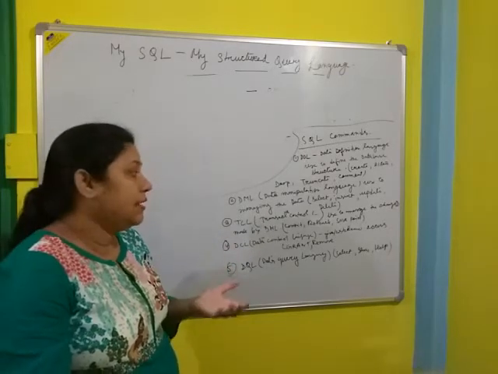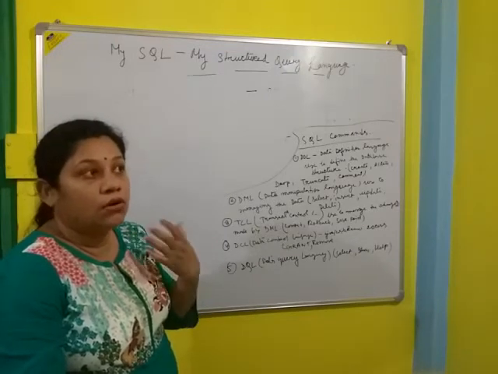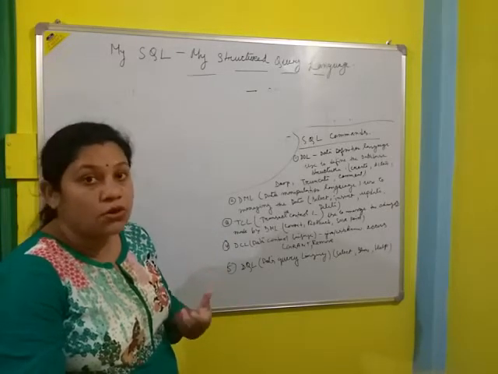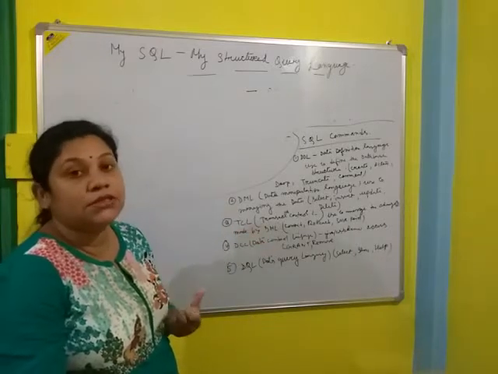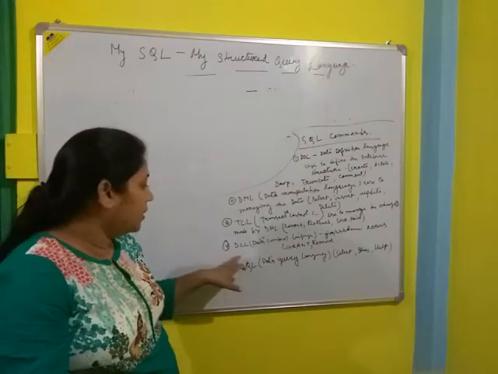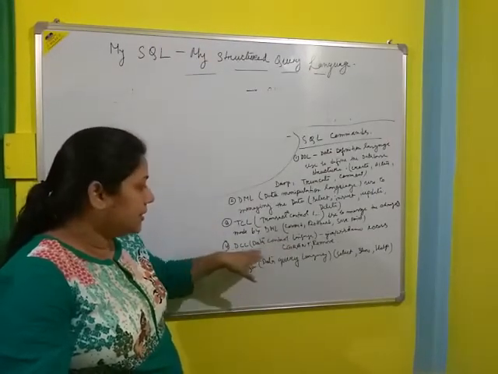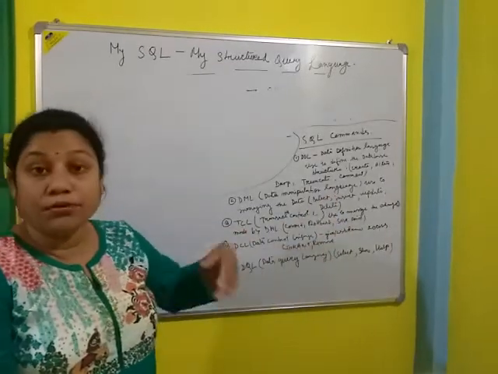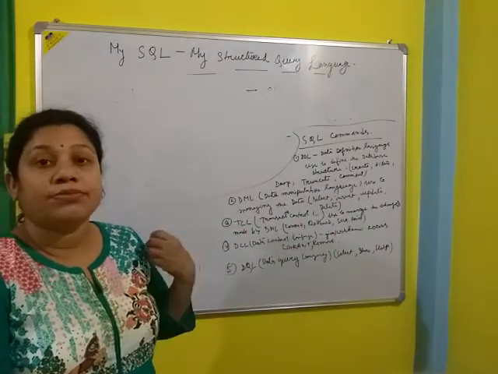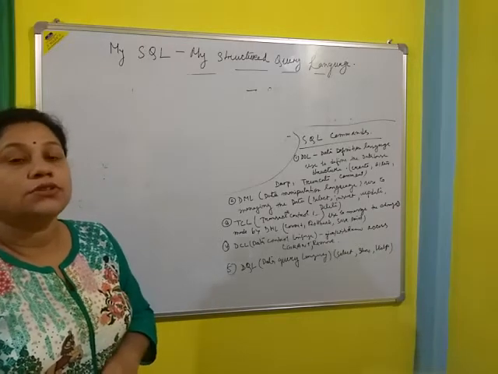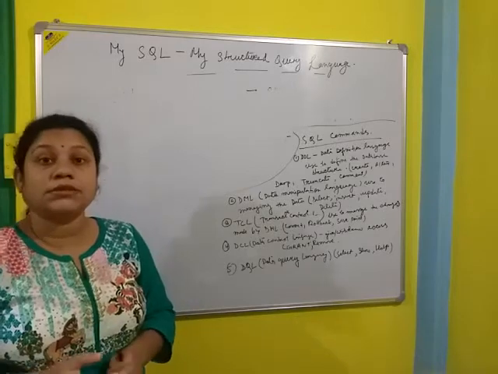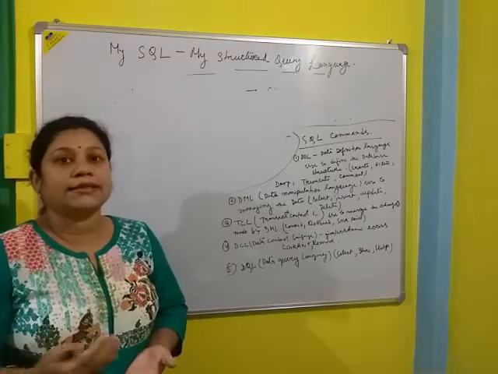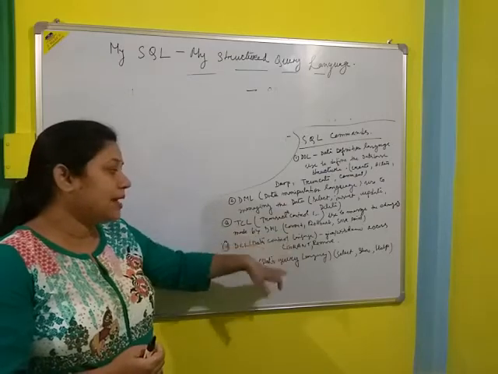Sometimes we need to give permission to a user to access the database, or withdraw the permission to access the database. For that, the DCL includes the grant and remove commands, and by using these commands you can give or withdraw a user's access to the database.